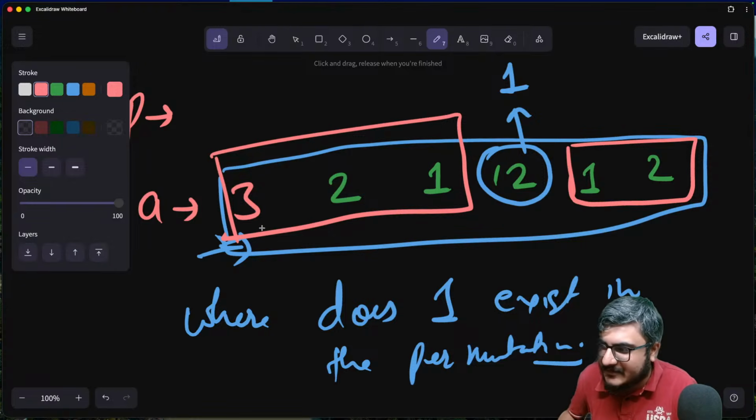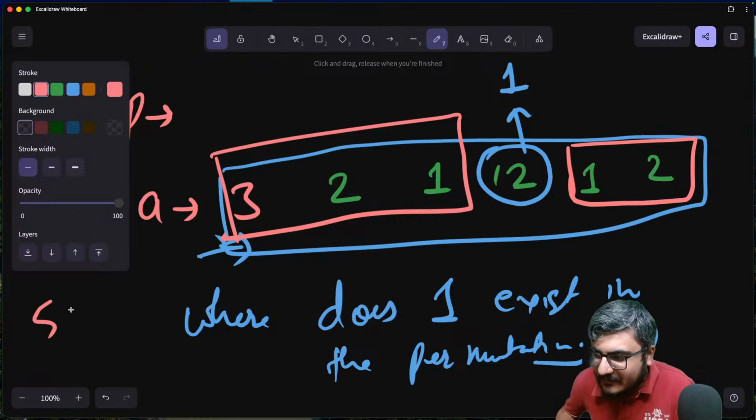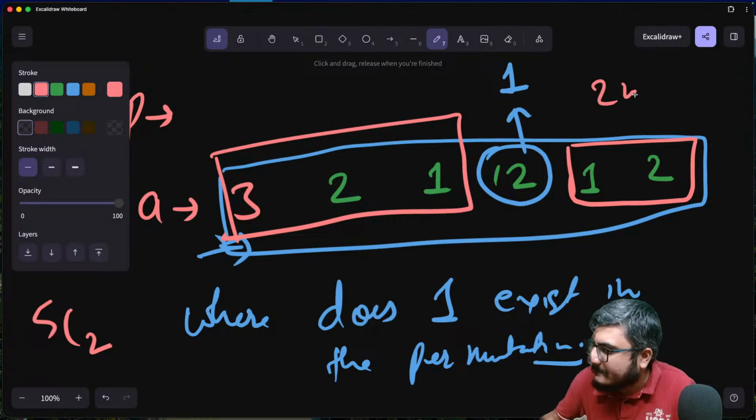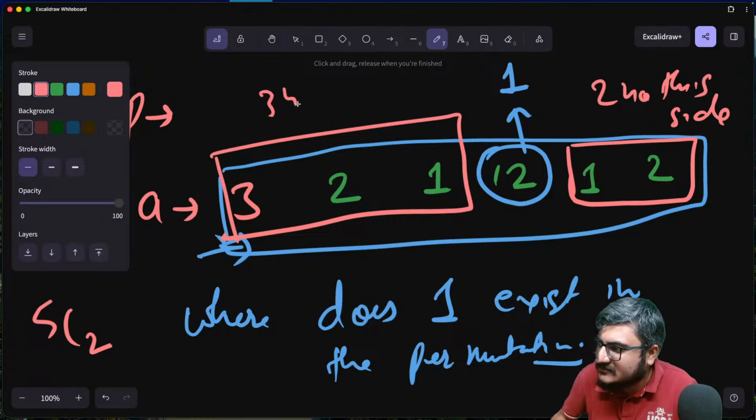These are two independent problems to solve. If we put 1 here, everything else is on the sides. We have 5 remaining numbers. We do 5C2 to choose two numbers for this side and three numbers for this side.